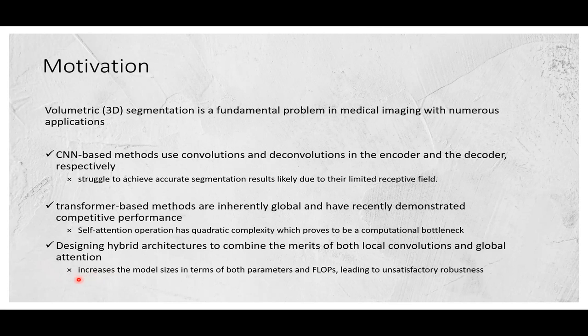Although it increases the segmentation accuracy, the model size is also increased in terms of parameters and FLOPs, and so we have unsatisfactory robustness. We believe all of these problems are likely due to their inefficient self-attention design.